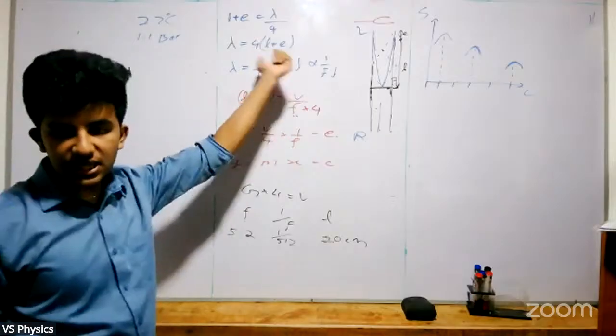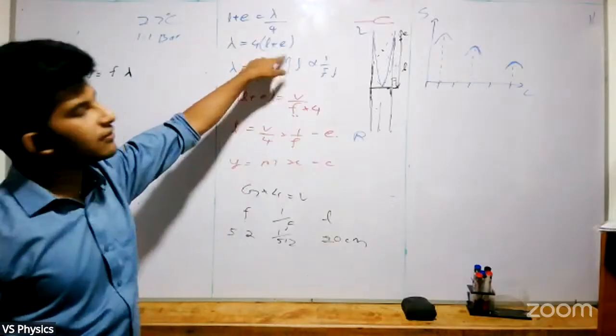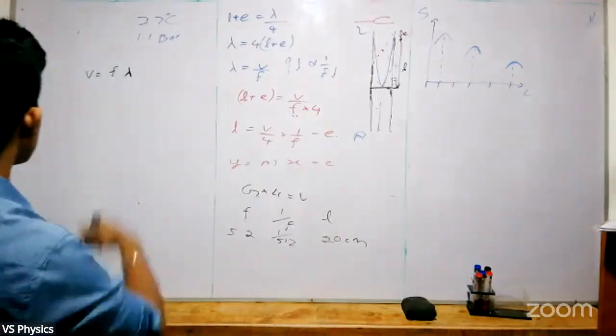When the end correction is not there, we get a value which is greater than what we need. So we can ignore it straight away.